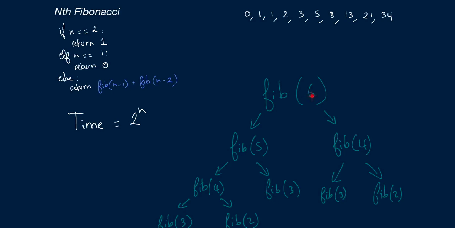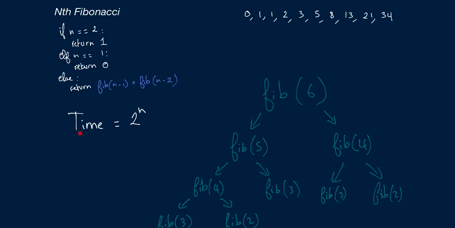So fib of 6 calls 2 more fibs. And then each of these 2 fibs call another 2 fibs. And then each of those call another 2 fibs. So basically every time we're doing 2 times 2 times 2 times 2, and we're doing that n times, or almost n times.